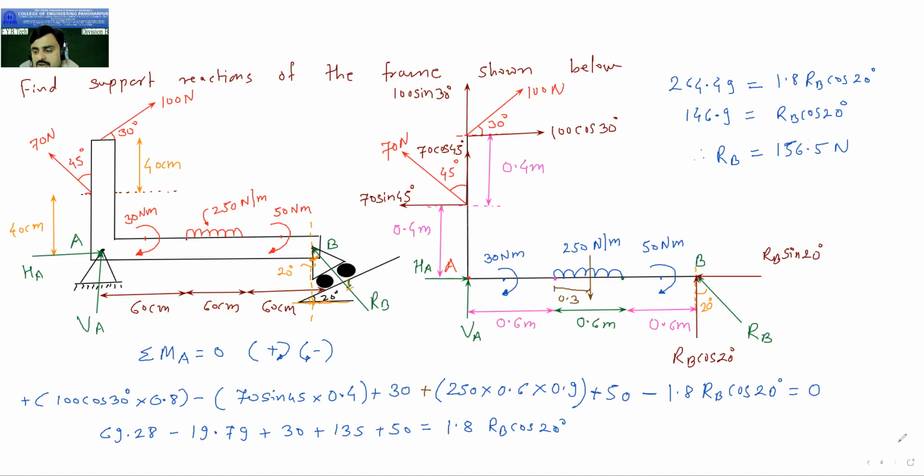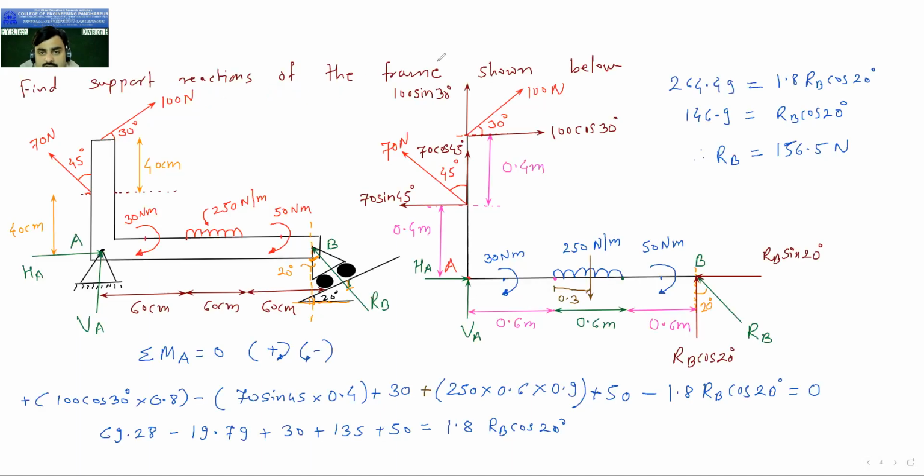Now apply summation Fy equal to 0. Upward forces are plus, downward are minus. In this diagram you can see which forces come into Fy. So 100 sin 30 positive, 70 cos 45 upward positive, VA is moving upward positive.